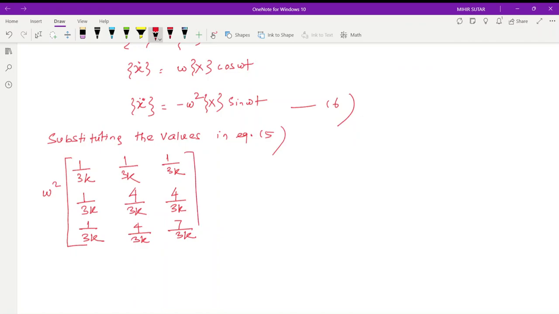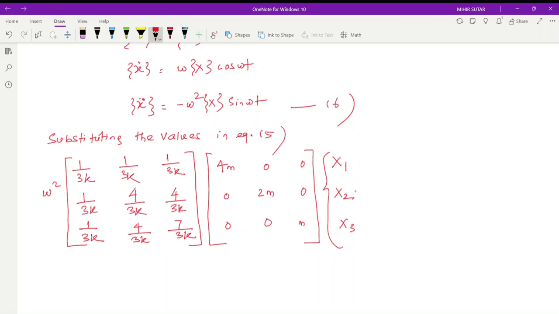This is our A matrix. Then our mass matrix will be 4m 0 0, 0 2m 0, then 0 0 m, times x1 x2 x3, is equal to x1 x2 x3.